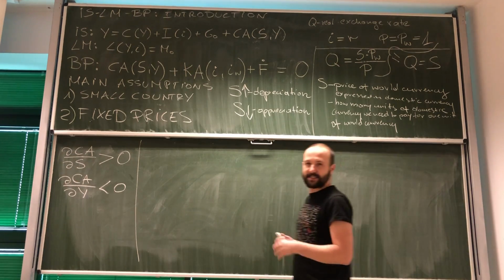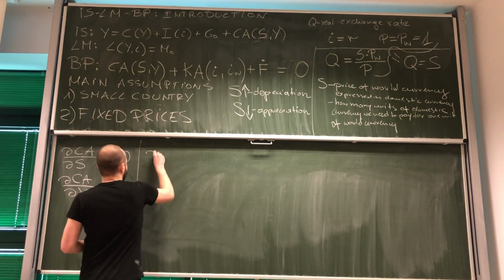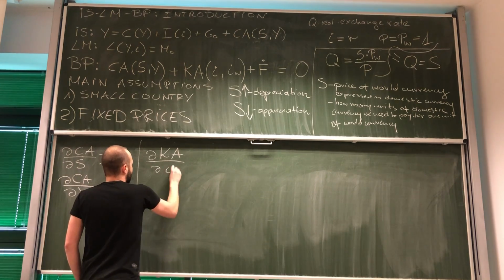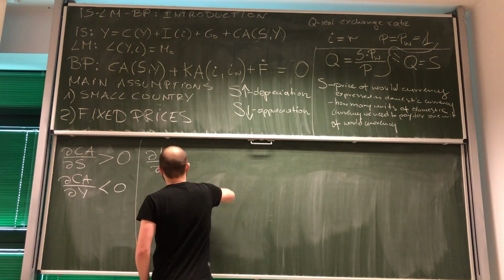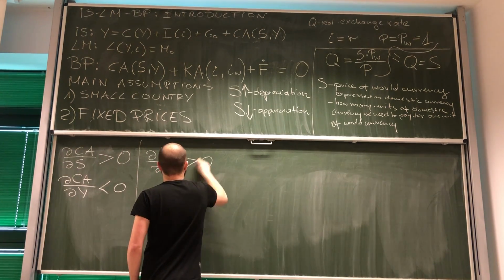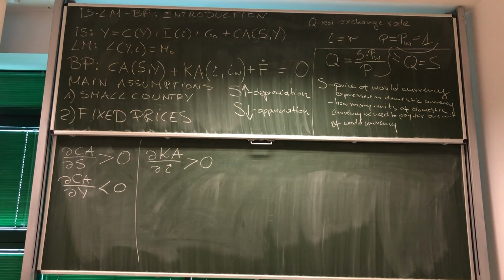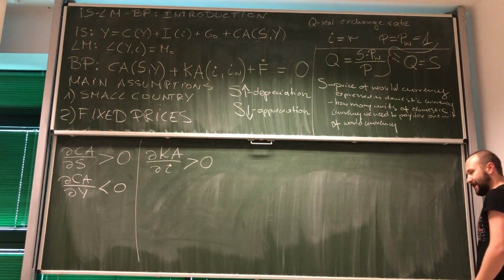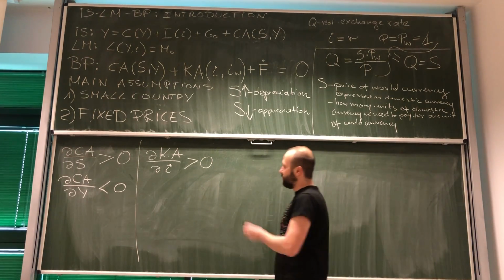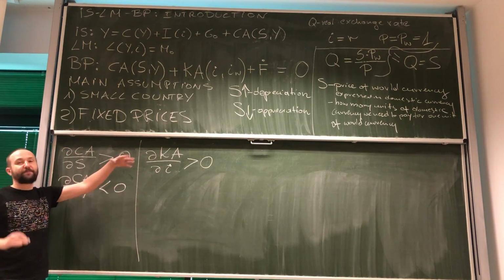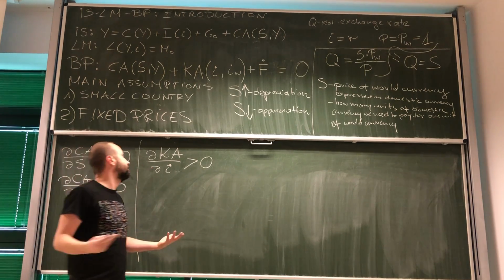And let's again see it through the perspective of partial derivative. Now look, the partial derivative of capital account with respect to interest rate should be positive. Why is that? Remember, partial derivative means other things being equal, ceteris paribus, right?